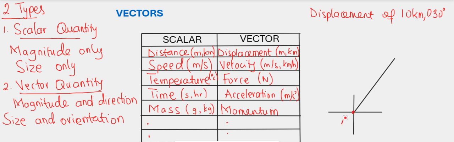So I start from my point A and then I measure 30 degrees from the north in a clockwise direction. Then I measure 10 kilometers along that line and I get to my point B. And so this vector AB is a displacement of 10 kilometers in a direction 030 degrees.